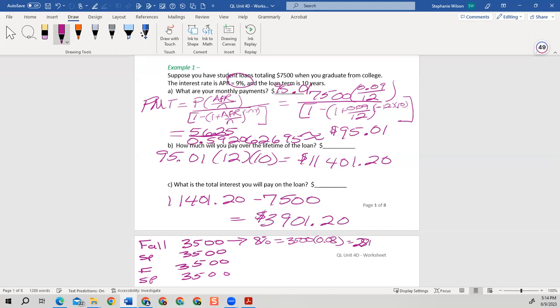And then we're going to add it to the total, I was figuring out at the end, 37... yeah, 3,780 is what I was thinking. So then instead of this being 3,500, it'd be 3,780. That's if they consistently charge the 8%.